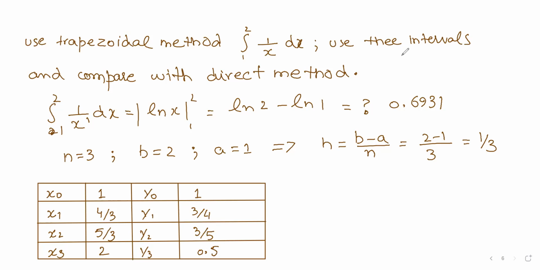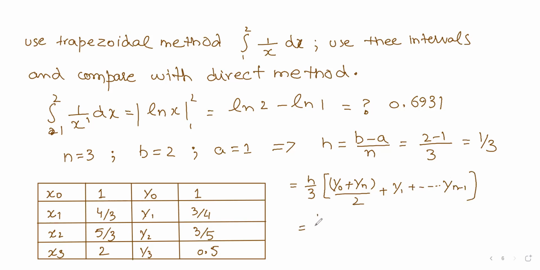Now we have to use which method? Trapezoidal method. In trapezoidal method, it is really easy. Then you will find the value h, and then (y0 plus yn) divided by 2 plus y1 plus up to yn minus 1. So h was your 1 by 3.